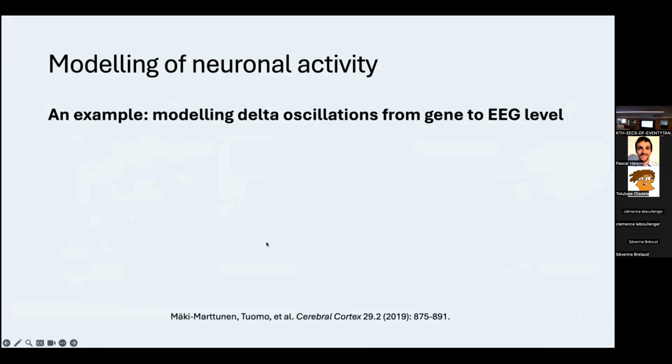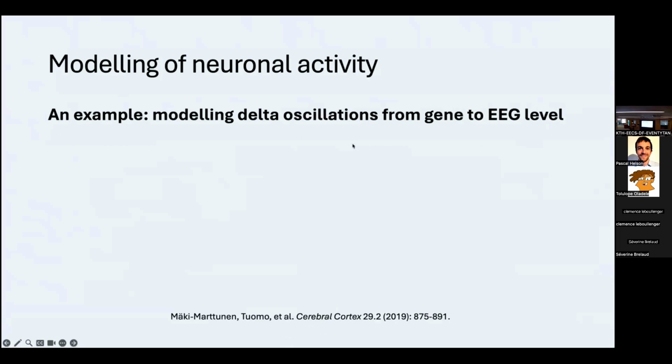I'd like to next go through this paper from 2019, where we implemented these methods and tried to explore what if we change the neuron function at the genetic level? What can we expect to find at the EEG level?